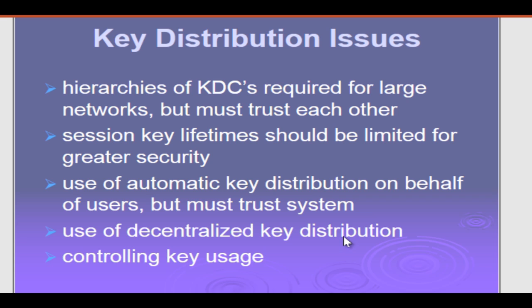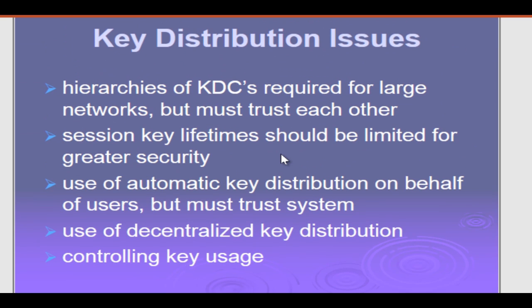In decentralization, the participant becomes a KDC: user A requests user B to generate the session key, and user B generates the session key and sends it to user A. This is called decentralization of key distribution, and there are many techniques for controlling key usage. So these are some of the issues in key distribution.